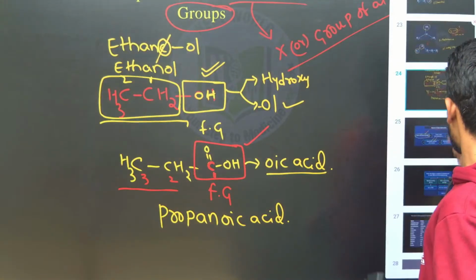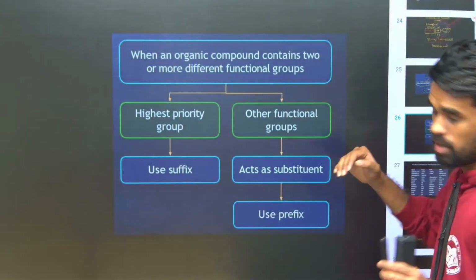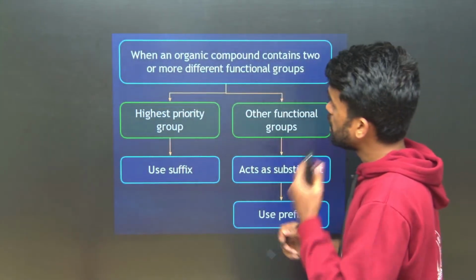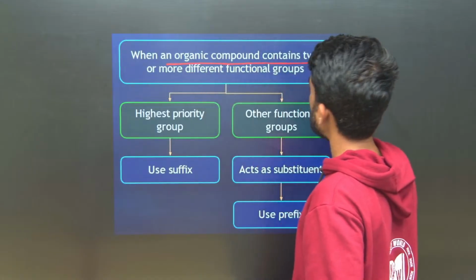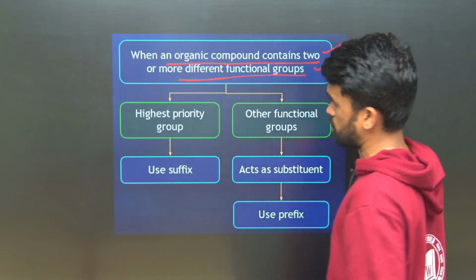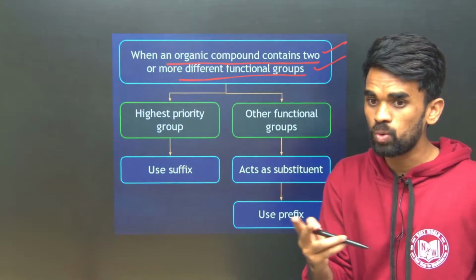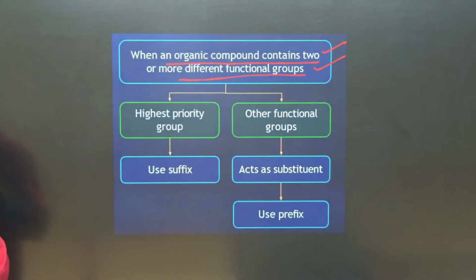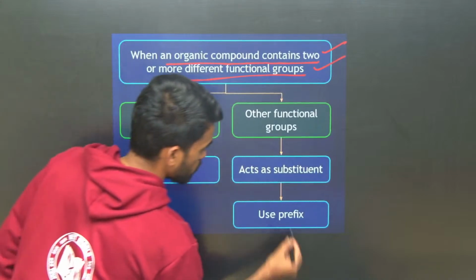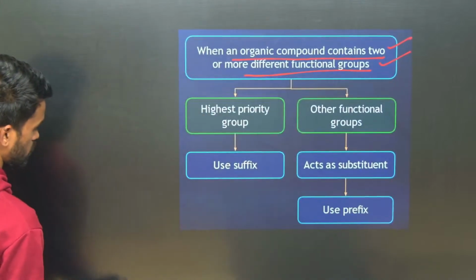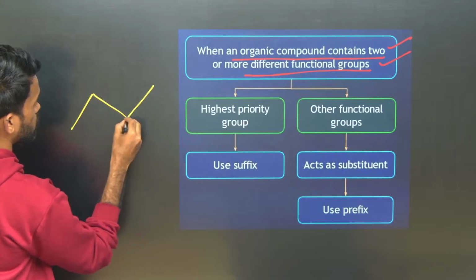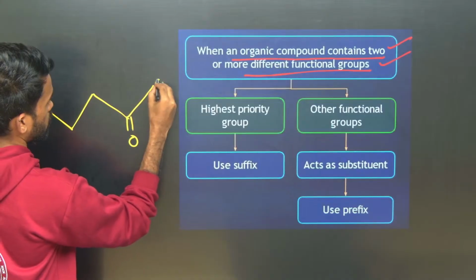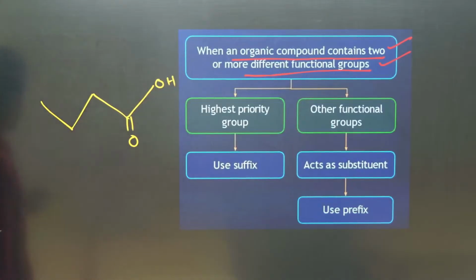Right. So now you are clear with some of these functional groups and their naming. Now, when an organic compound contains 2 or more different functional groups, for example here, what functional group do we have?